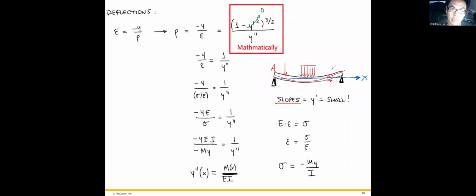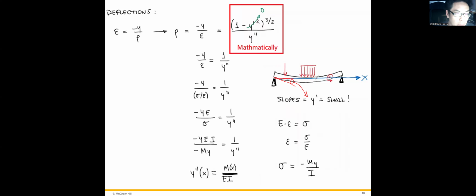So the slope means the tangent of this beam with the horizontal axis, this theta. It's the slope. It's the y prime.